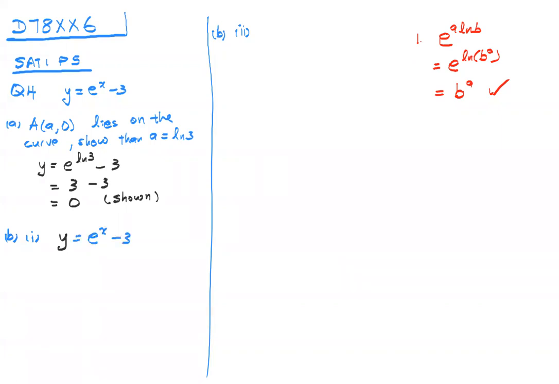So derivative means the gradient function. So you write down dy over dx. So the simple rule for exponential is copy down the whole thing, times by the rate of change of the power, which is e to the power x. Done.